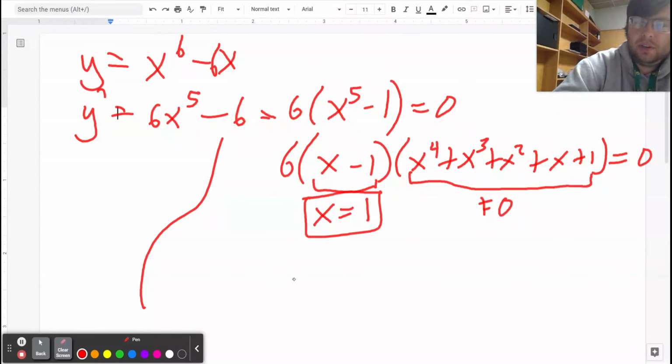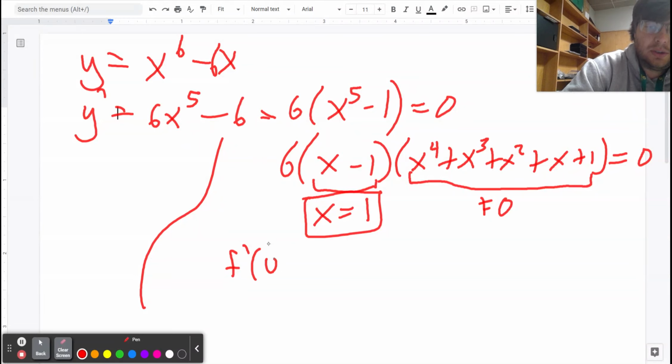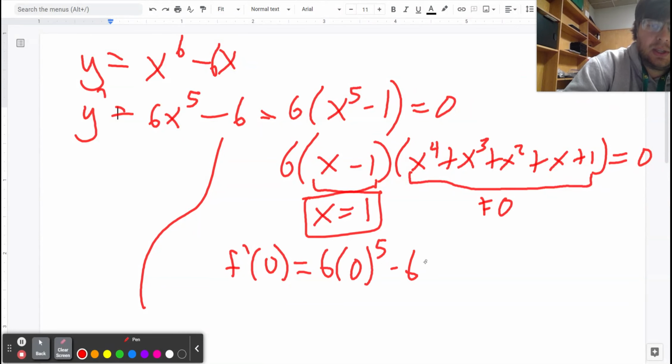I can do the first derivative test, which means I look at numbers to the left of 1 and to the right of 1 and talk about what the derivative is. So let's look at what is f prime of a number smaller than 1. F prime of 0 would be 6 times 0 to the fifth minus 6, which is a negative number.